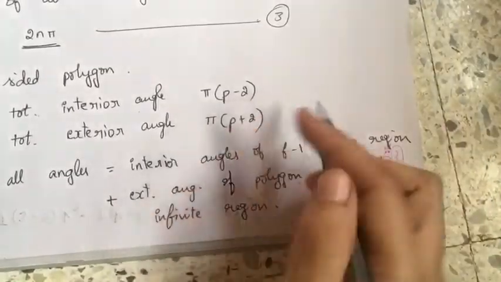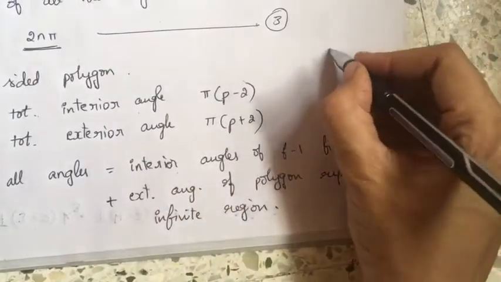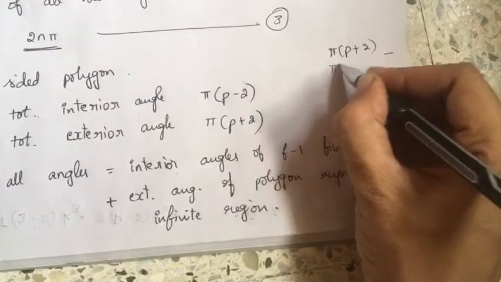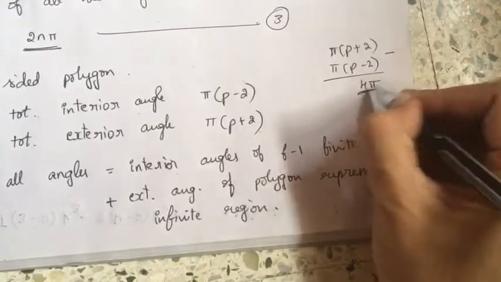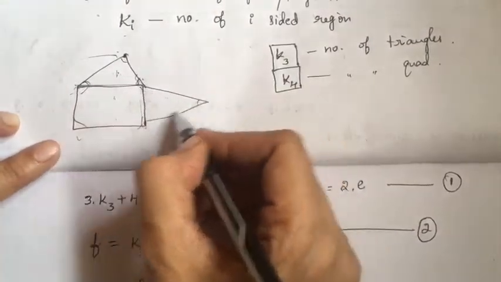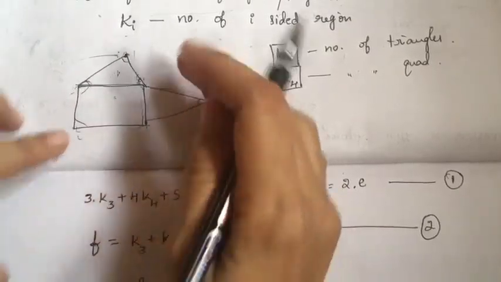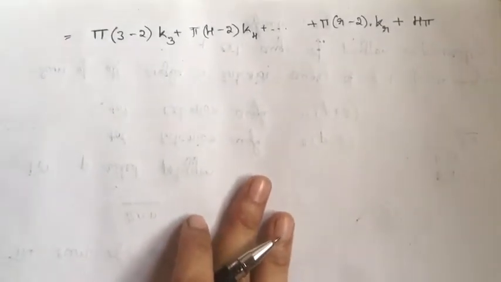So I have to remove the total interior angles from the exterior angle. That is p minus 2, which gives me 4 pi. So I want only the exterior angle for this infinite region. This is an example I am considering. For this I want the exterior angle, that comes out to be 4 pi.